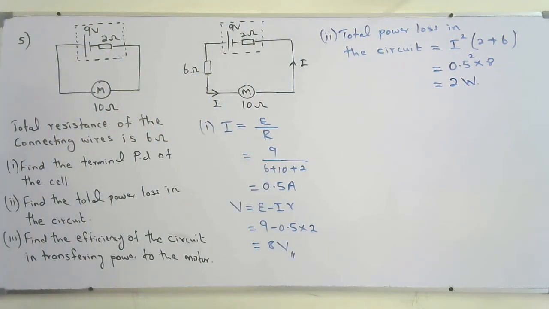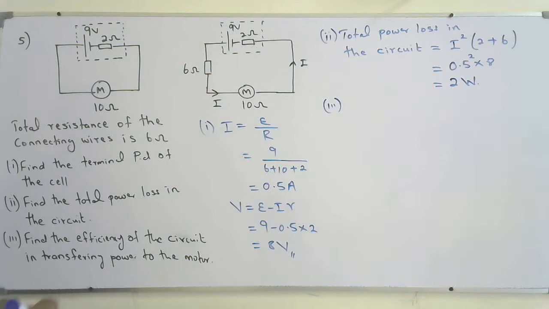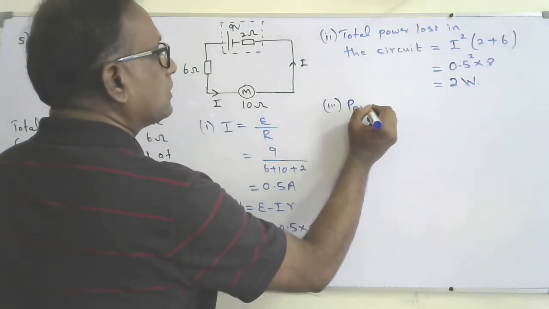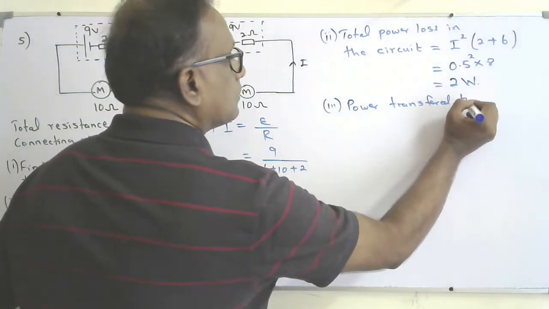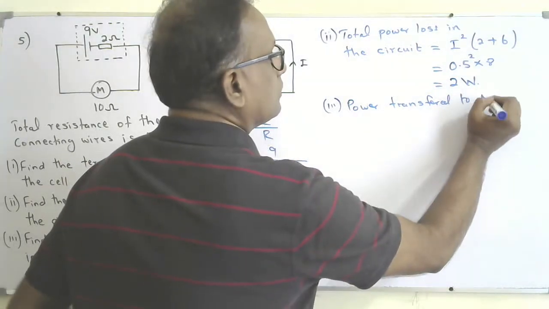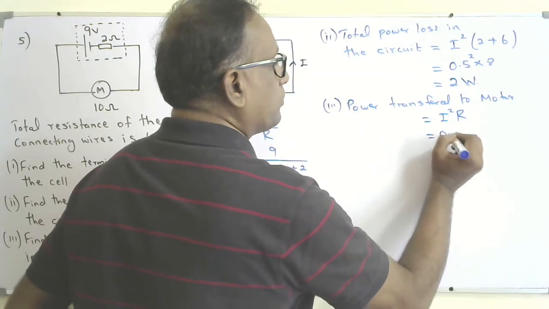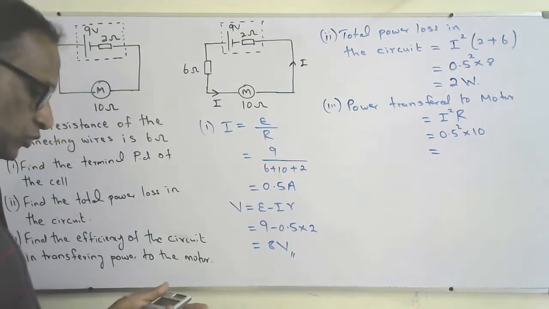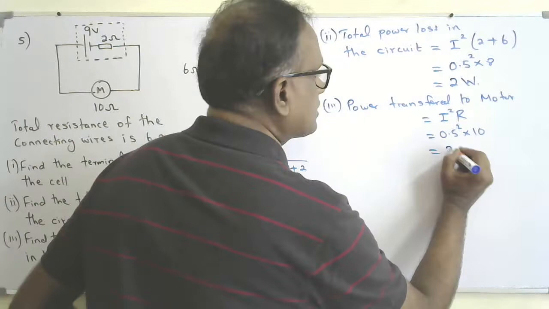Third part, find the efficiency of the circuit in transferring power to the motor. I can find the power transferred to the motor, P equals I squared R. That is 0.5 squared times 10, that is 2.5 watts.